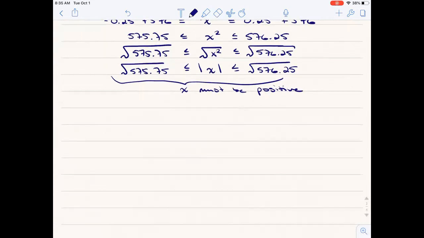Okay. So if we take the square root of 575.75 as a decimal, we get 23.9947911, which is less than or equal to x, just because we know it has to be positive, which is less than or equal to the square root of 576.25, 24.00520777.